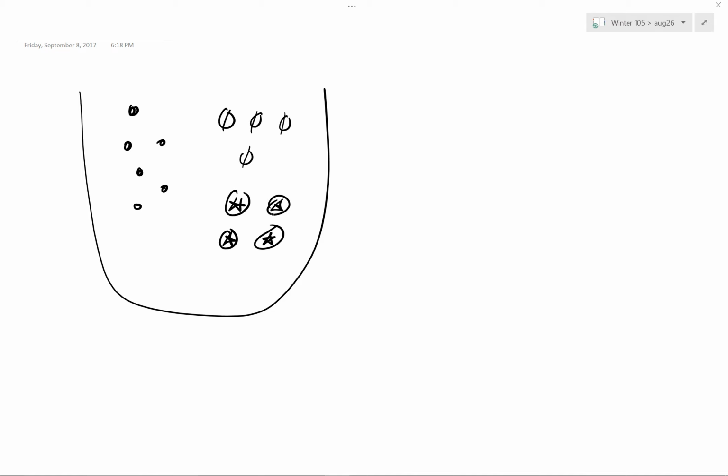There's 8, and then there's 10, 11, 12, 13, 14 marbles in there. Reach in blindfolded. You can't tell them apart. They're all the same size. They all feel the same. I want you to select 5 marbles. Just reach in, grab a handful of 5, bring them out.